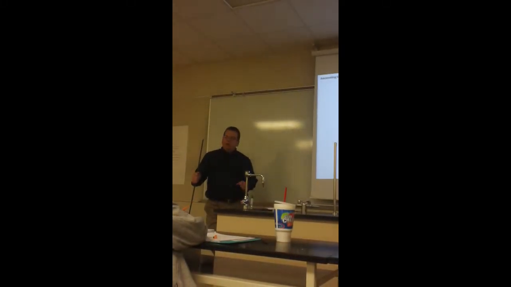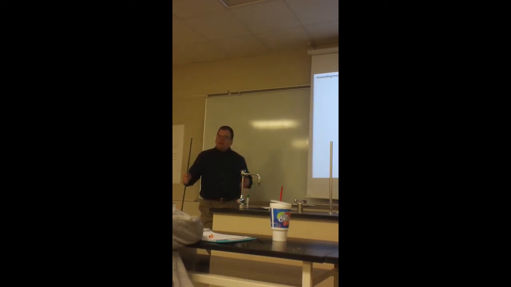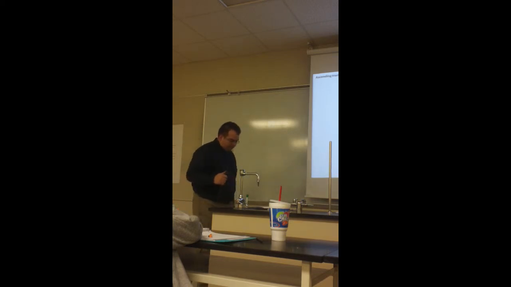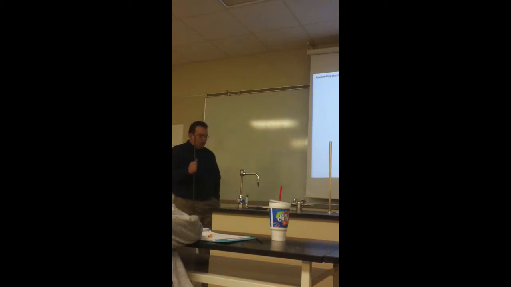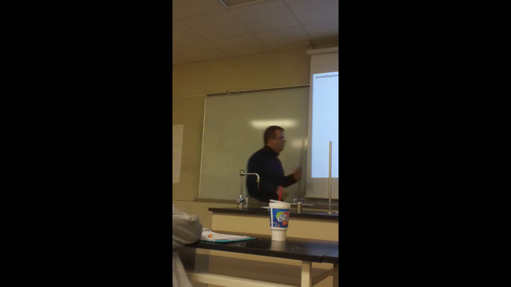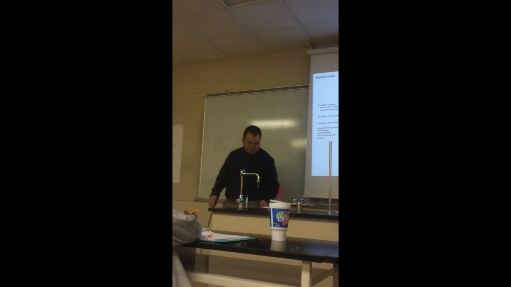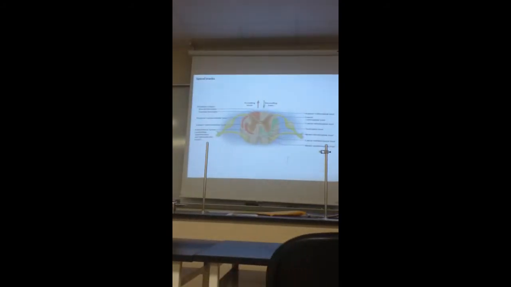The two that are also ascending, that are a little bit harder to remember, are gracile fasciculus and cuneate fasciculus. Now, what are these? Well, again, go back to this right here, and it shows you the picture. And again, I would never ask you to identify these or anything like that. This picture is not going to be on the exam, but it just shows you what this is.